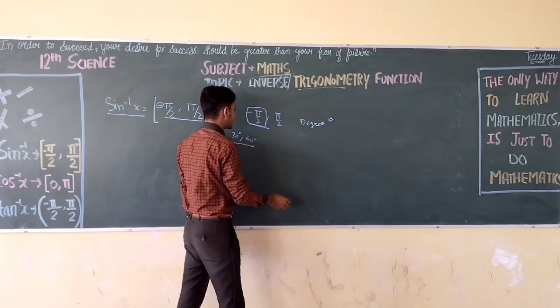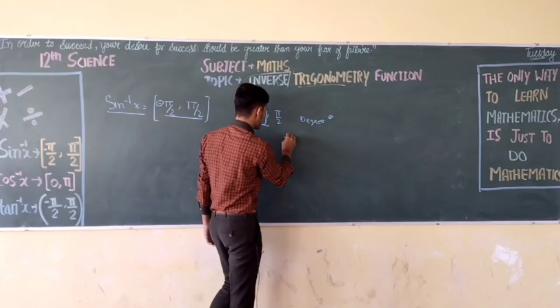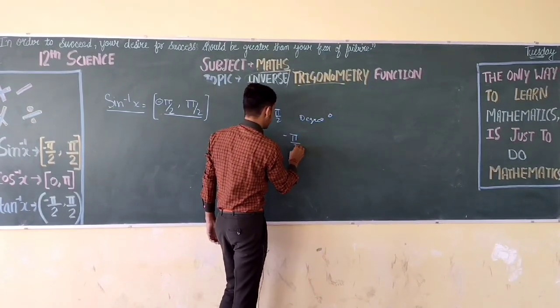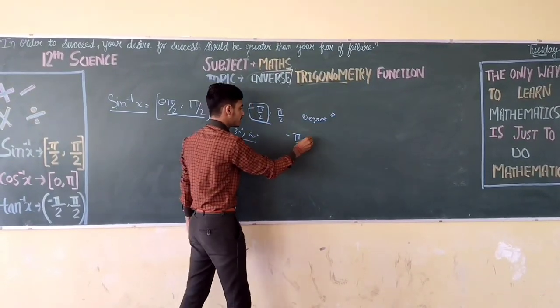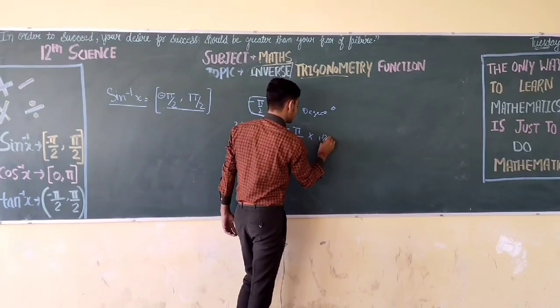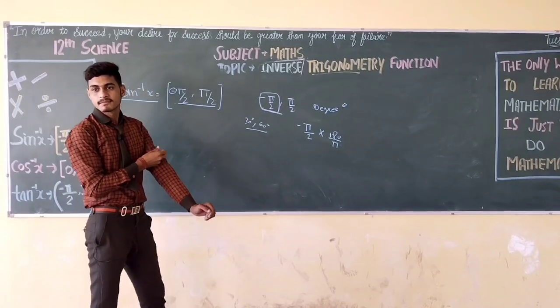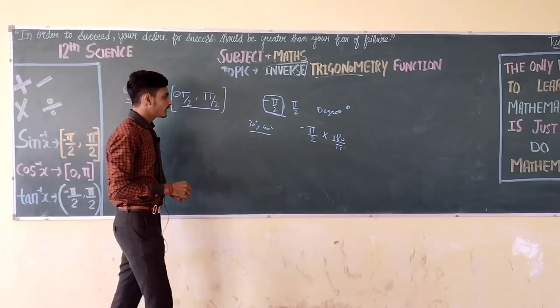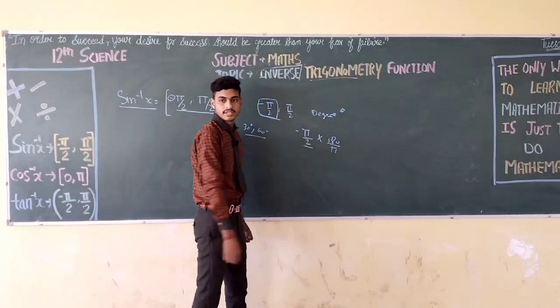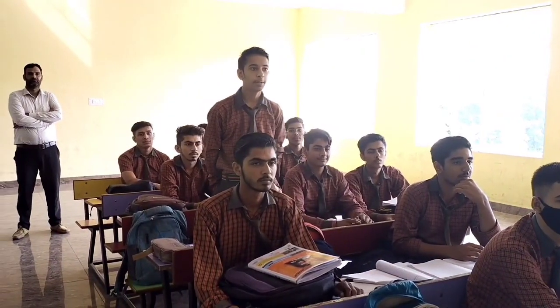To convert it into degree, we have to multiply these radian angles with 180 by pi. Vivek, what do we have to do when converting radian to degree? Multiply it with 180 by pi.